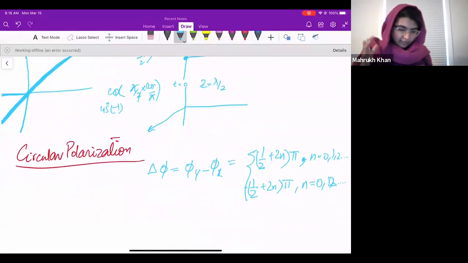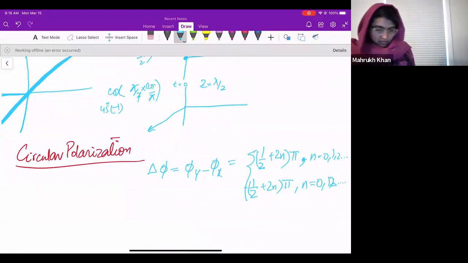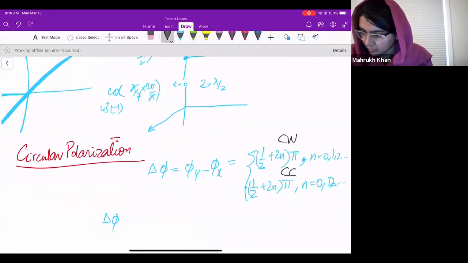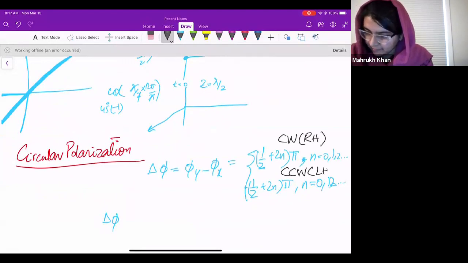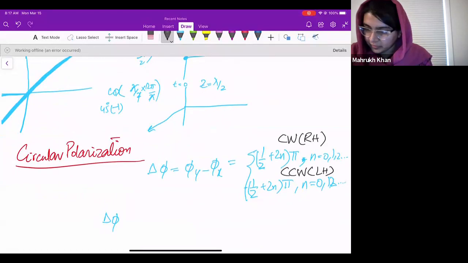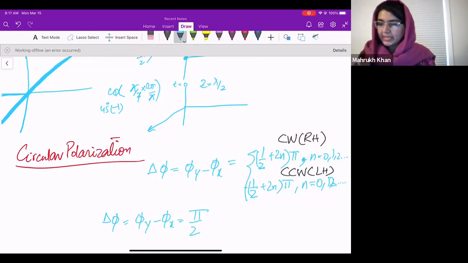Okay, so I am taking one of the cases, clockwise rotation. This is your clockwise and this is your counterclockwise. This is called right hand and this is called left hand. So the difference I am taking is, when my n is 0, I can take it as pi by 2.